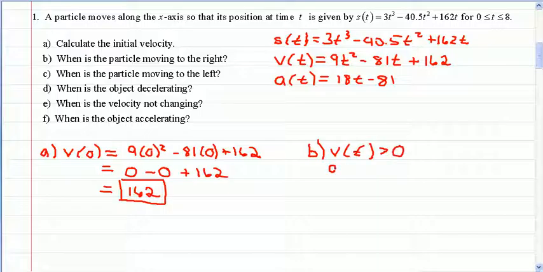So the velocity function 9t squared minus 81t plus 162 is greater than 0.